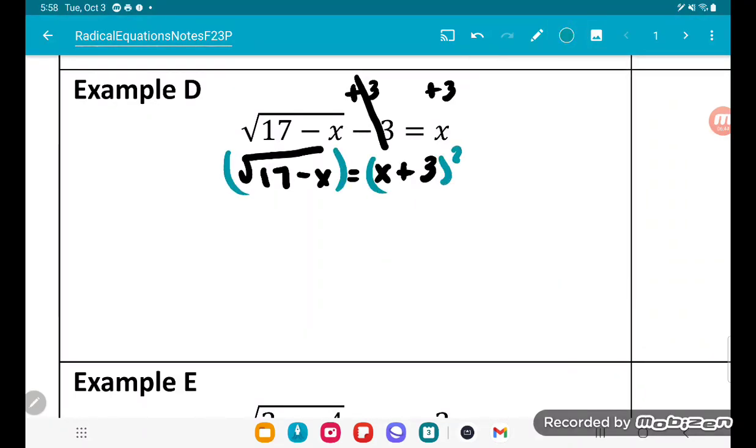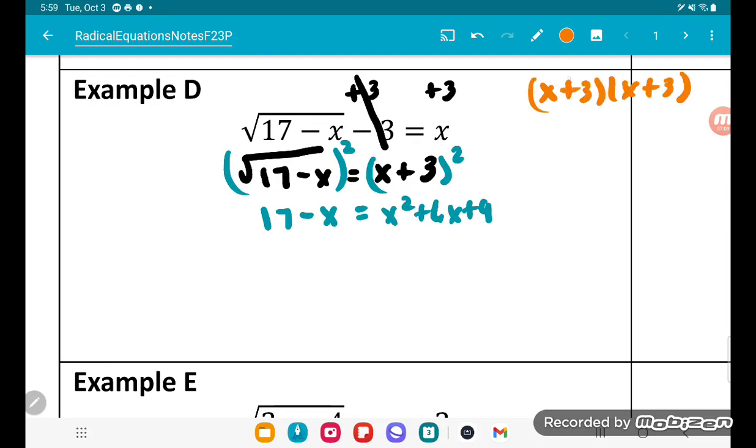Now we can square both sides. 17 minus x, because we undo the radical, equals x squared plus 6x plus 9. If you're wondering where I got that from, x plus 3 times x plus 3: x squared plus 3x plus 3x plus 9.